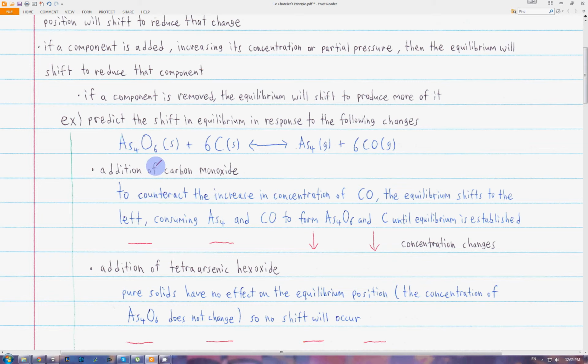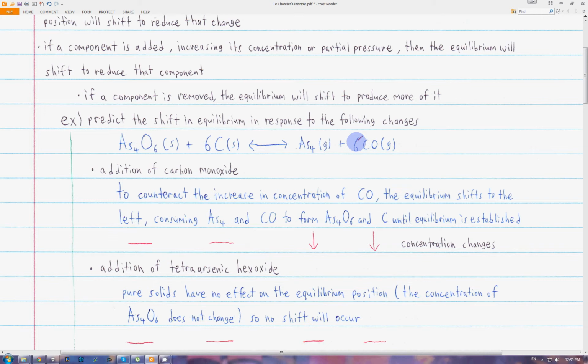So the first type of change is the addition of carbon monoxide. When we add more carbon monoxide, the concentration of carbon monoxide increases so that the system is no longer at equilibrium.